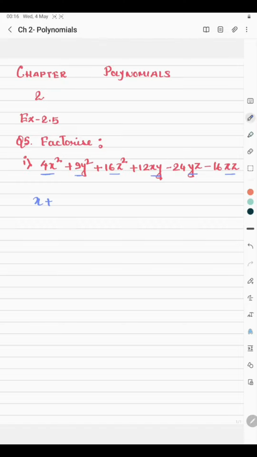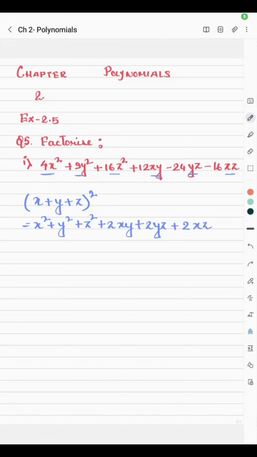It's the x plus y plus z whole square identity, which is x square plus y square plus z square plus 2 into xy plus 2 into yz plus 2 into xz.